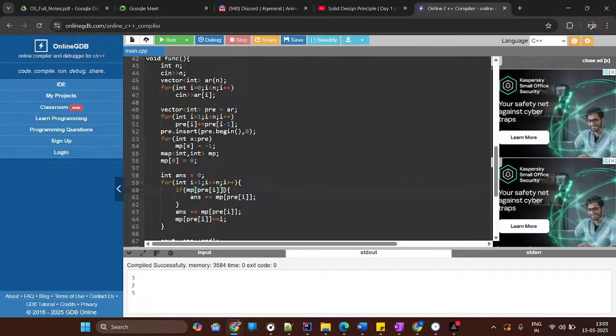If it is greater than last, I can say that answer plus plus. And how do I increase last? Every time we make last equal to I, right? And then MP of this current value of I can make it as I. Yeah, right. This works.